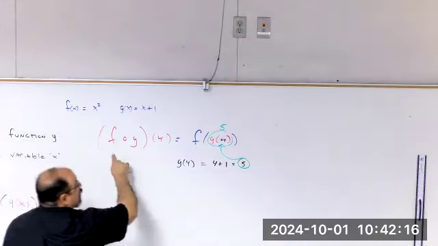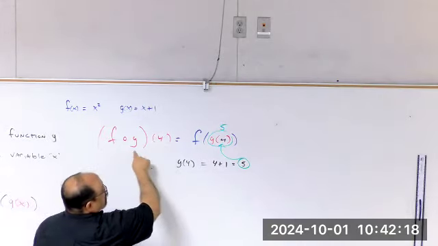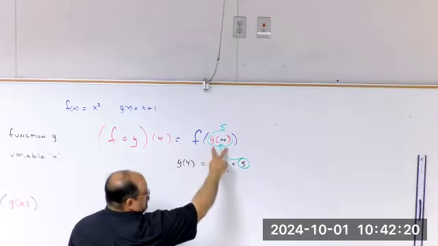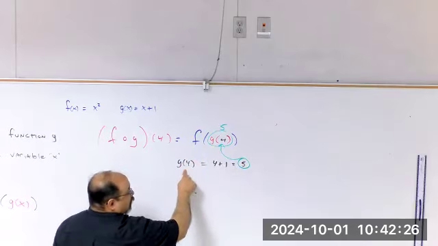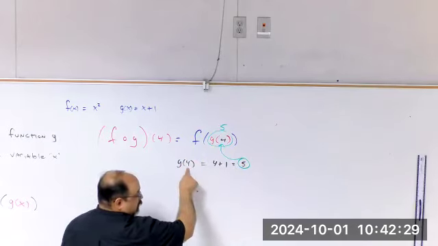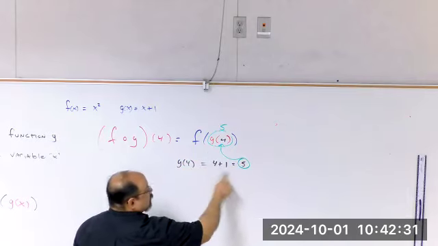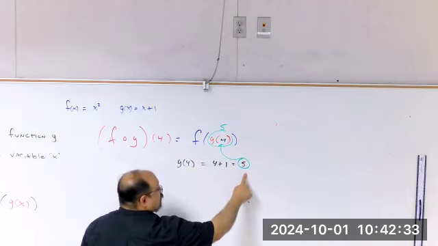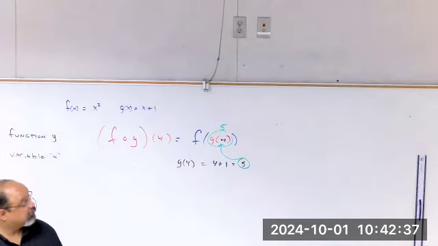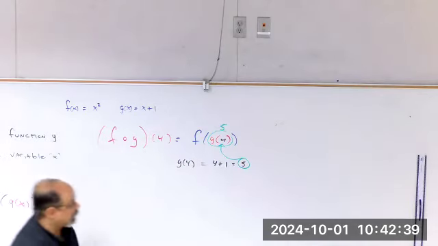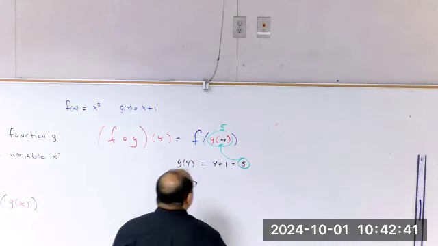First step, rewrite what this means. f circle g of 4 means f of g of 4. Now we've got to figure out what this is. Substitute, plug 4 into the g function. Simplify. g of 4 is 5. And then repeat if necessary, because we're not done. We now have to figure out what f of 5 is.